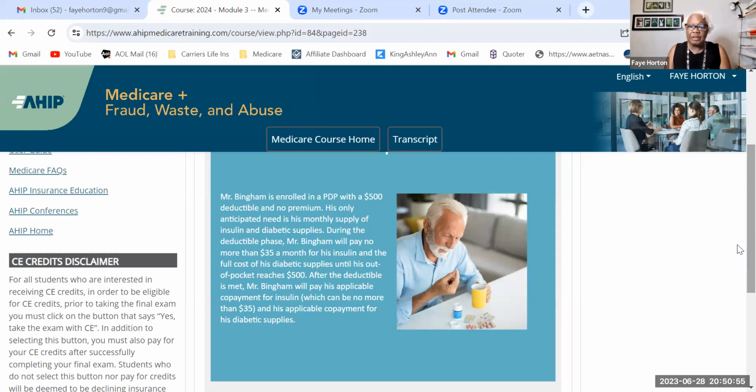Make sure that you look to see, and sometimes it will depend on where the Medicare beneficiary actually receives the supplies.